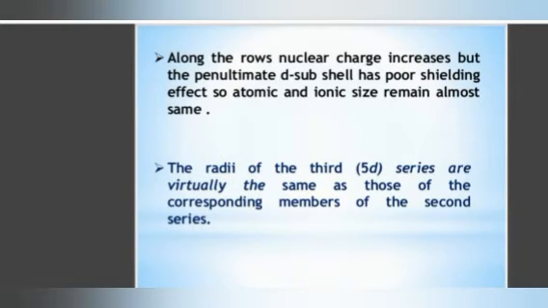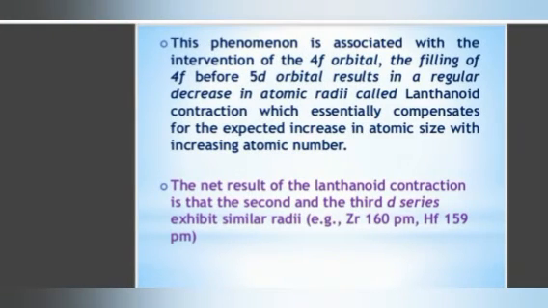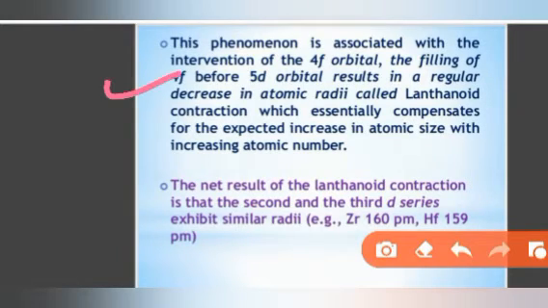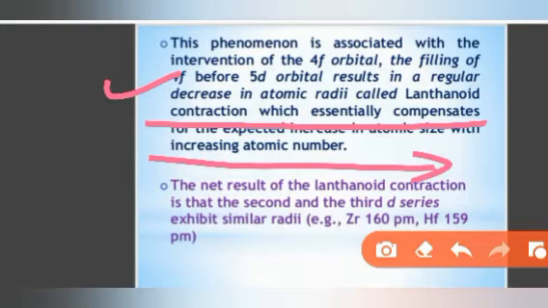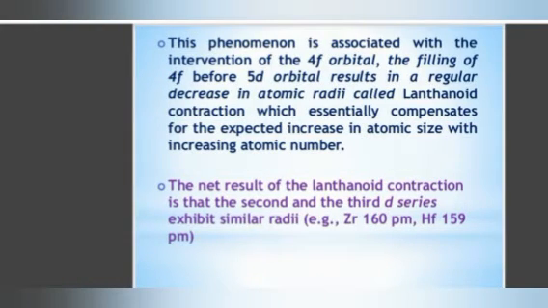The radii of the third, 5d series are virtually the same as those of the corresponding members of the second series. This phenomenon is associated with the intervention of the 4f orbitals. The filling of 4f before 5d results in a regular decrease in atomic size, which is called lanthanide contraction, because the f-block elements are introduced in between. Lanthanide contraction is the decrease in atomic size with the increase in atomic number.